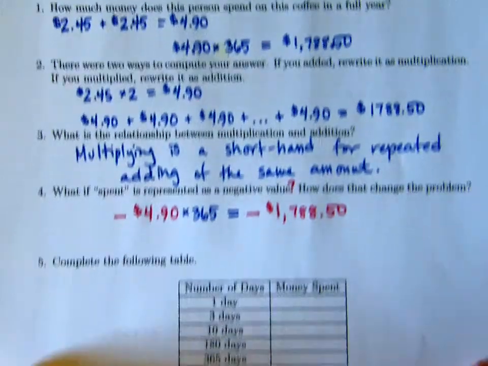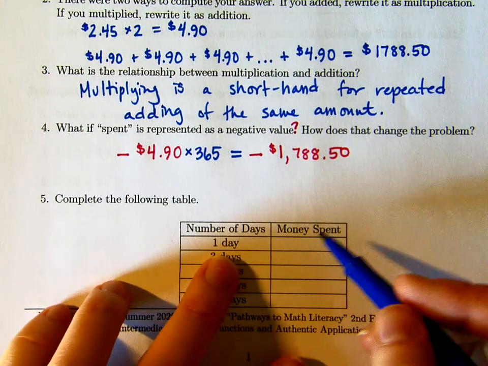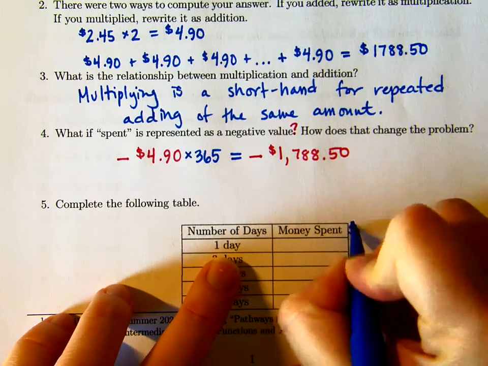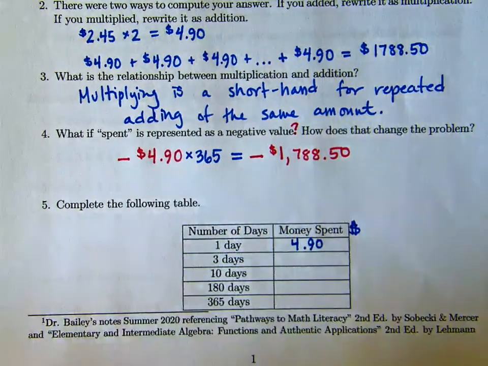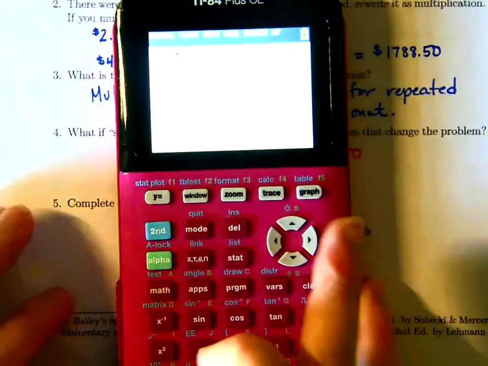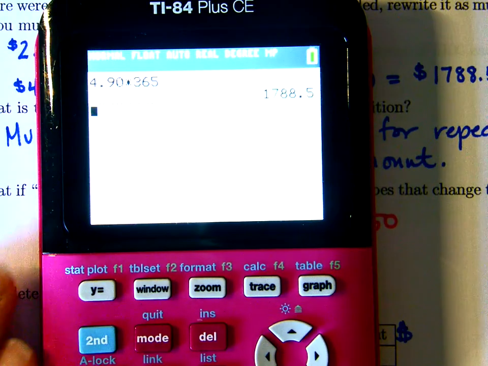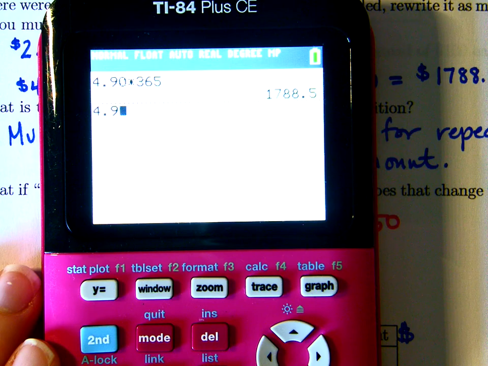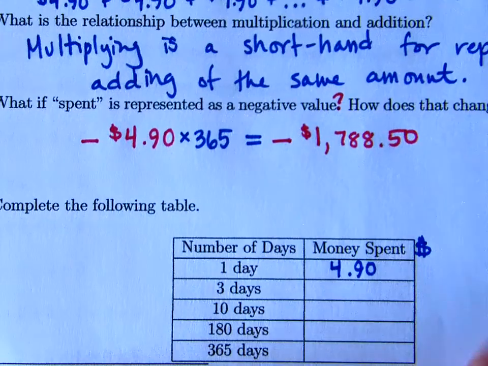Complete the following table. Okay, in one day we spend, I'm just going to put dollars for our units up here. We spend $4.90 in 3 days. Okay, now I have my handy calculator. Oopsie, my bad, wrong way. 4.90 times 3 is $14.70.